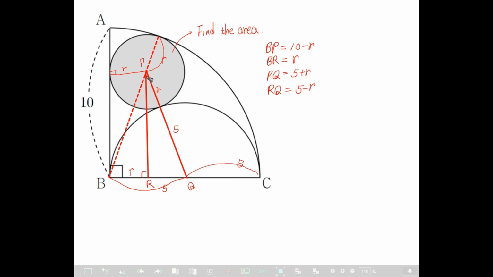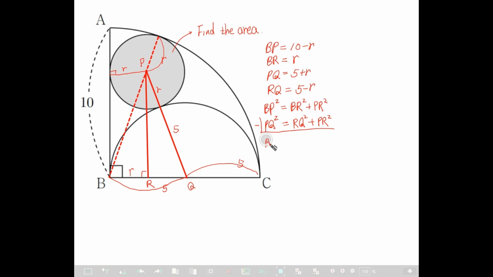Here we made two right triangles, PBR and PQR. BP square is BR square plus PR square, and PQ square equals RQ square plus PR square.